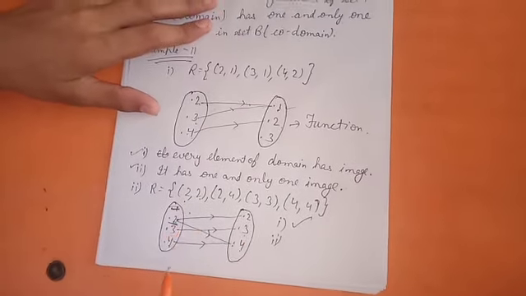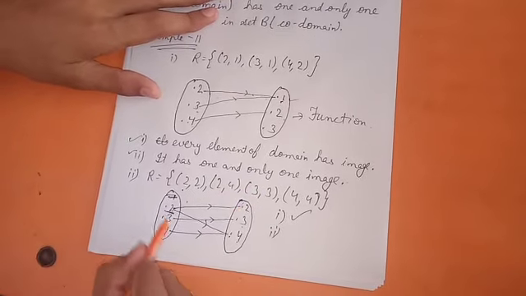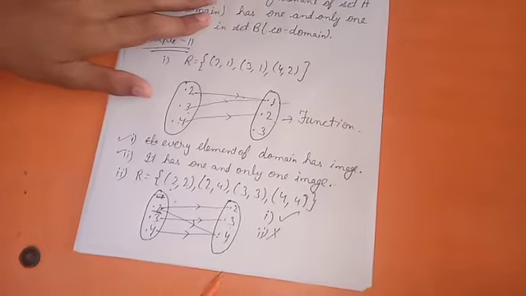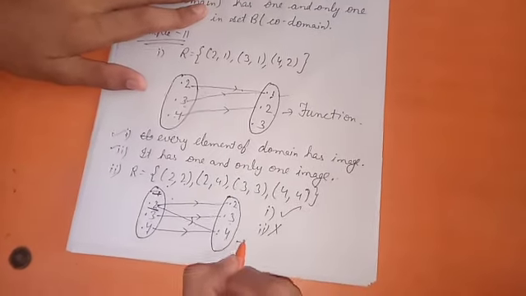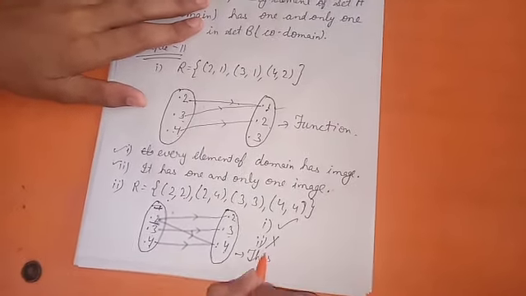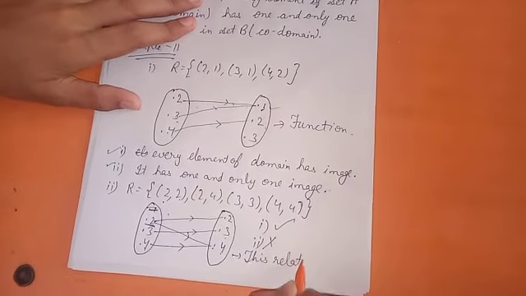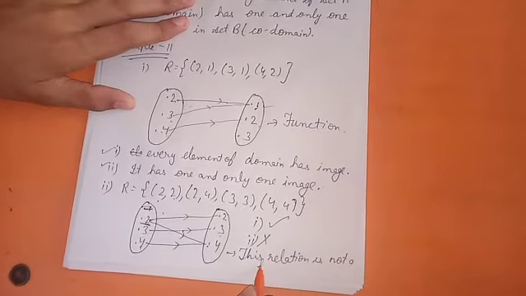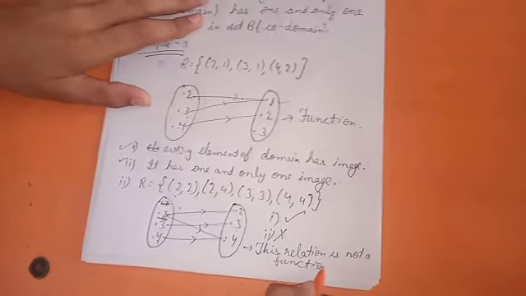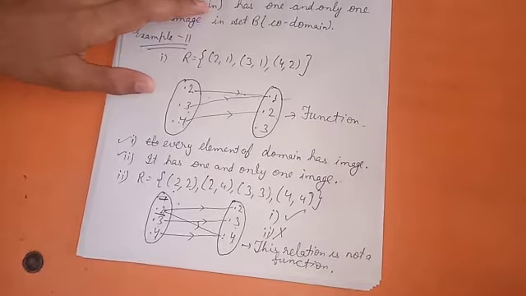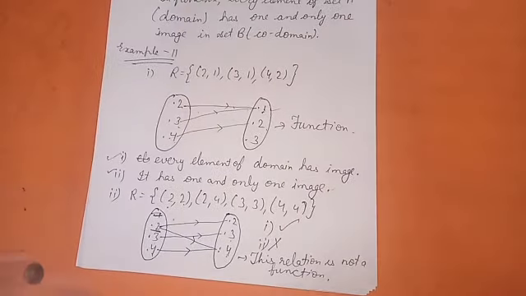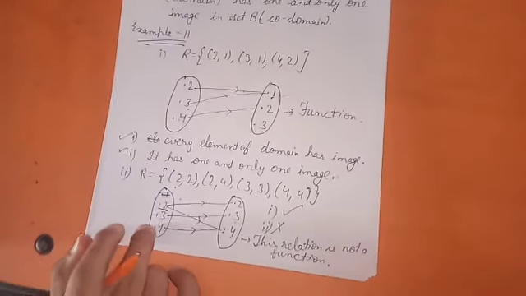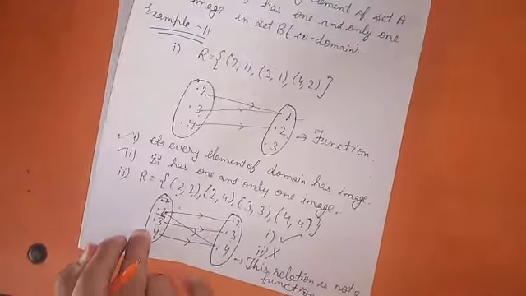But 2, you can see it has two images. One is 2 and another is 4. So second point is not satisfied here. So we can say that this relation is not a function. Okay. So similarly, third part you can check and you will get that it is also not a function.